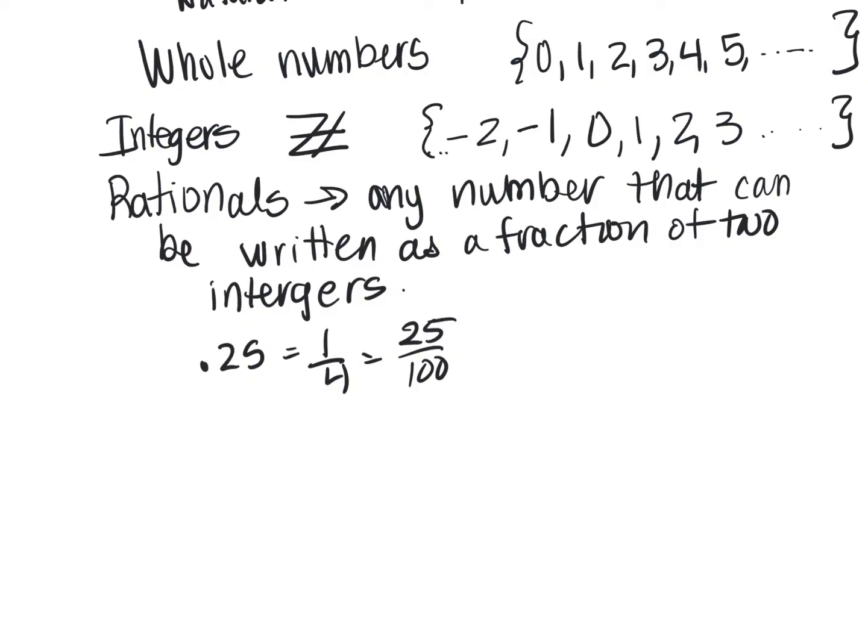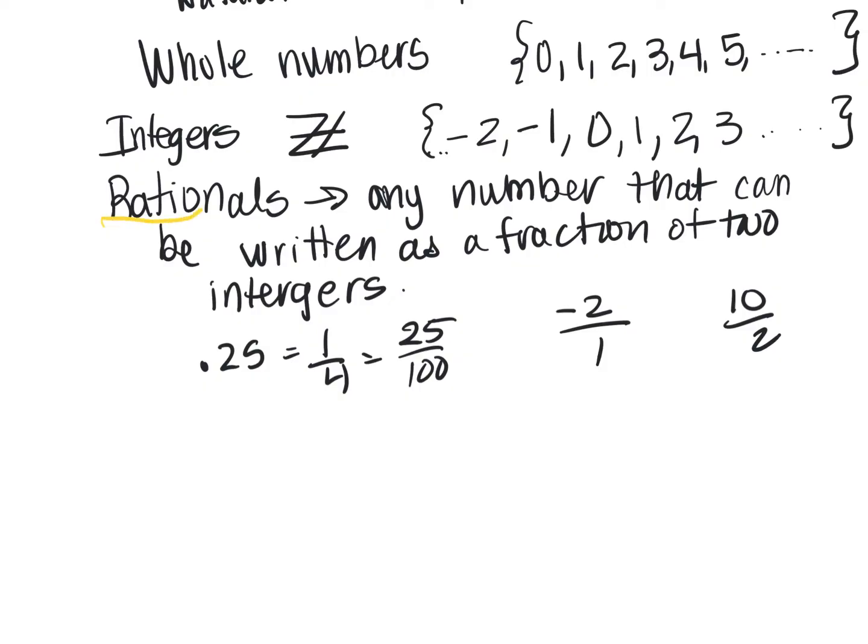Also, any whole number can be written as a fraction. -2 is -2/1. 5 is 10/2, for example. So any whole number, any counting number, any integer can actually be written as a rational number, and any terminating decimal or non-terminating repeating decimal can be written as a rational number.